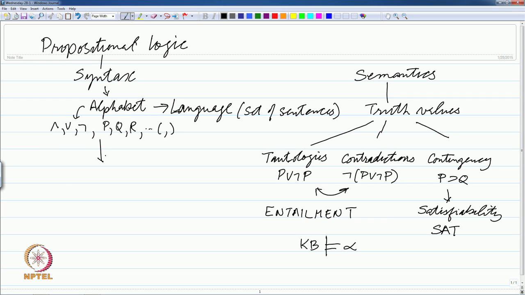Correspondingly, at the syntactic level we have this notion of provability or the notion of proof, and that is the concept that we are going to be exploring in most of this course. We write that a knowledge base proves, or you can prove a sentence alpha given a knowledge base.